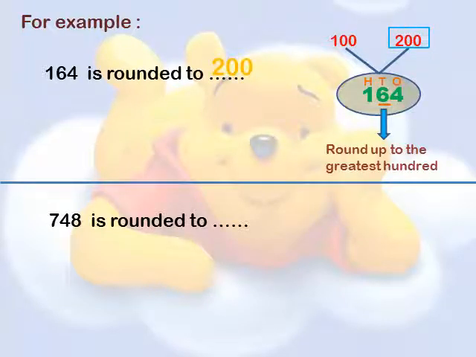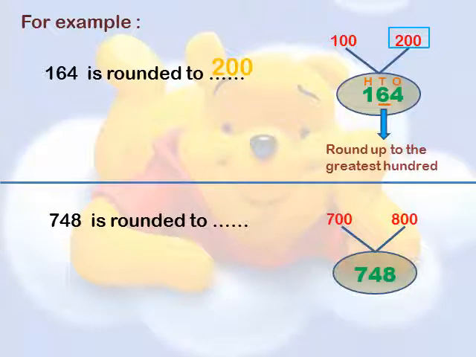Let's see another example. If I have 748, what is it rounded to? Let's see, the hundreds it lies between are what? Yes, the first one is 700 and the second one is 800. So 748 lies between 700 and 800.